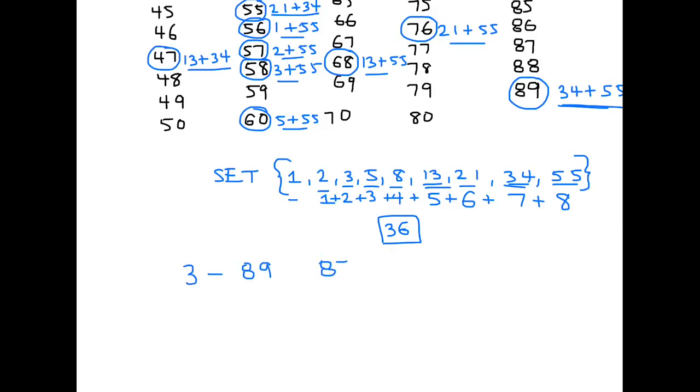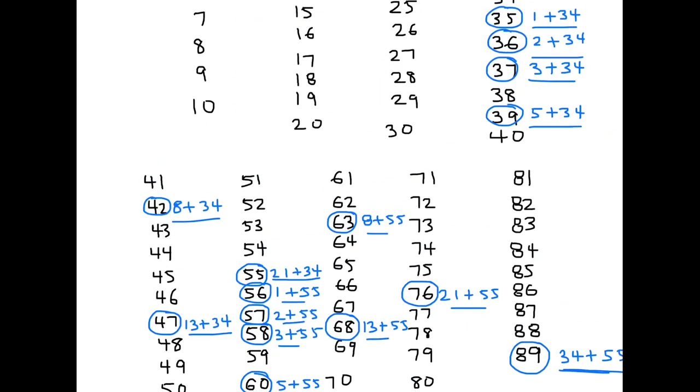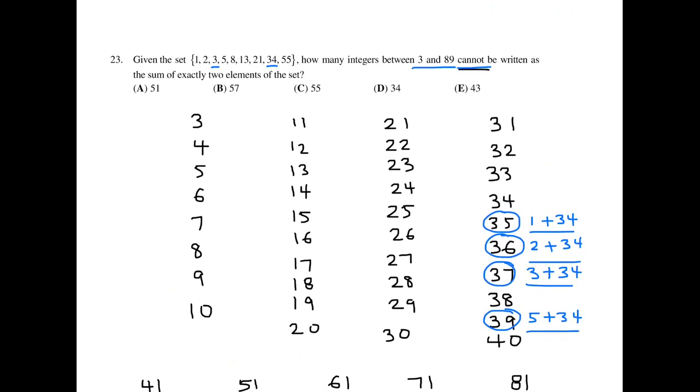So that's 87 numbers. 36 of them can be written as the sum of 2 elements of the set. So the number that cannot be written as the sum of 2 elements of the set is 87 minus 36, which is equal to 51. So the answer for this will be A.